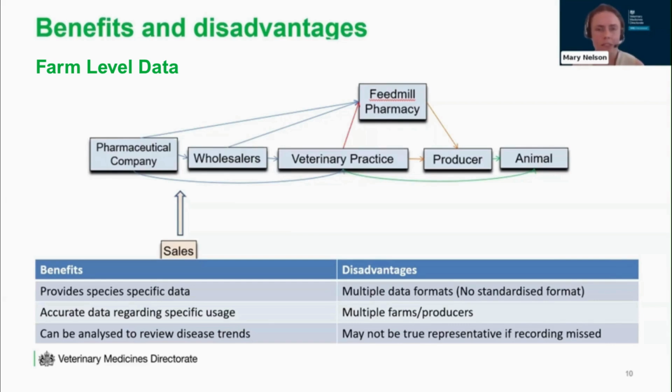So splitting which product is being used for which animal can be a bit difficult. And also this data can be potentially unreliable if the farmer hasn't written down the medication when given, and therefore that data may be missed from our recording.